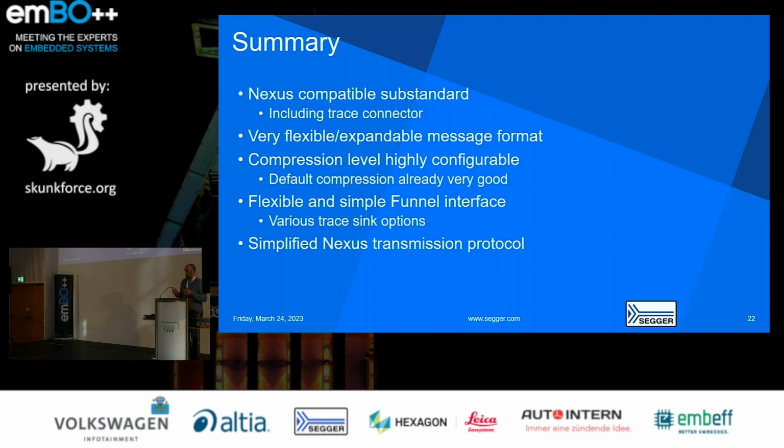As said, we are only using 12 messages so far, and with these 12 messages, you have full program trace and ownership trace. So you have all the other messages left over for either other features or data tracing, for example. The compression level is also very configurable, so BTM would be something without much compression, but you can have different configuration levels that you can use.